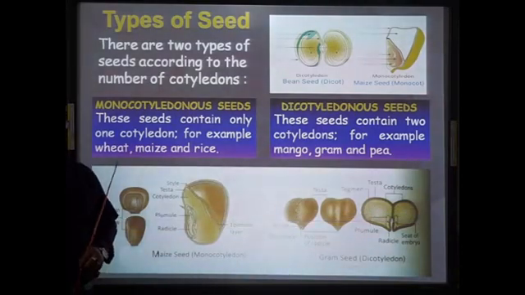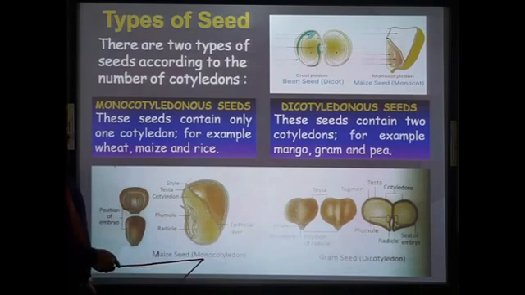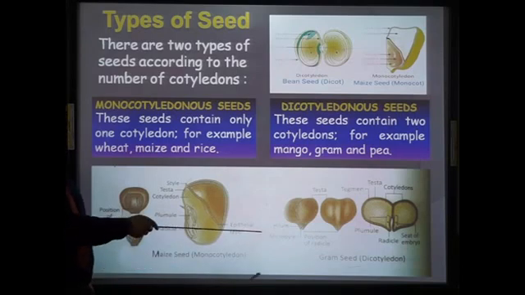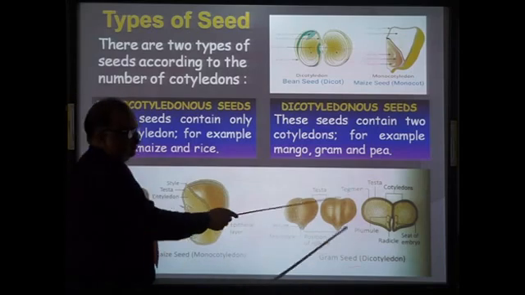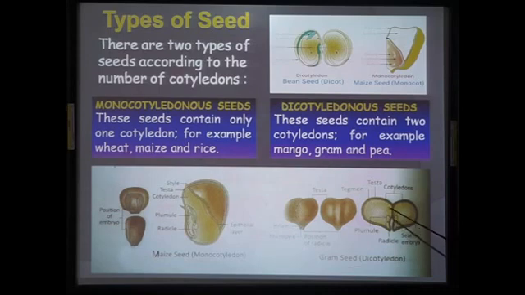Now here you see, this is the diagram given in your book. The maize seed, that is the example of monocotyledon, and there the gram seed. Just now I told you, it is divided into two. Once you remove this outer covering, the seed coat, it has got two parts.